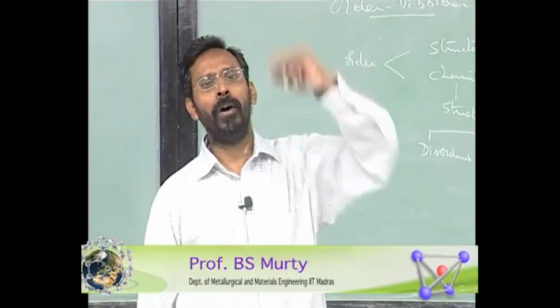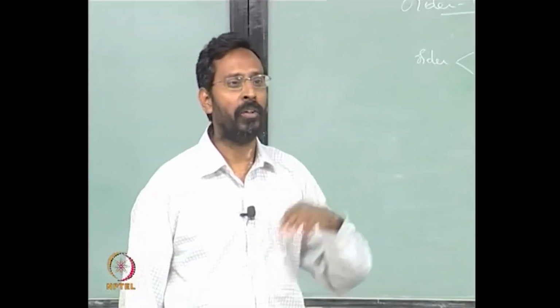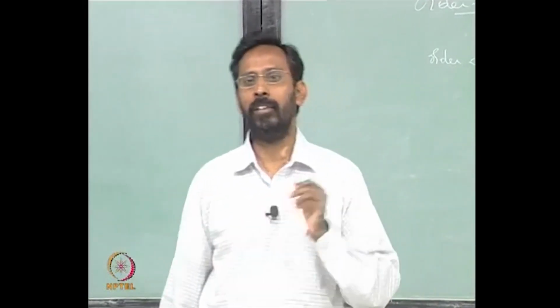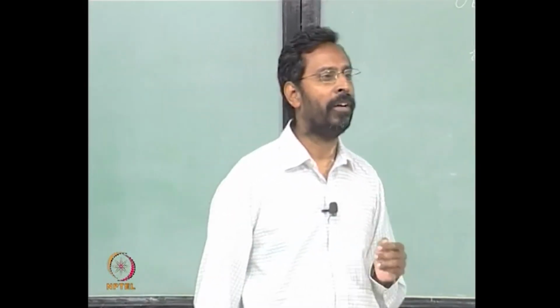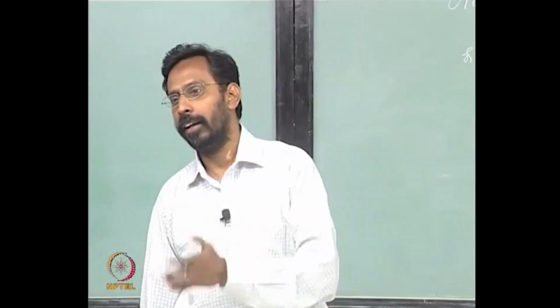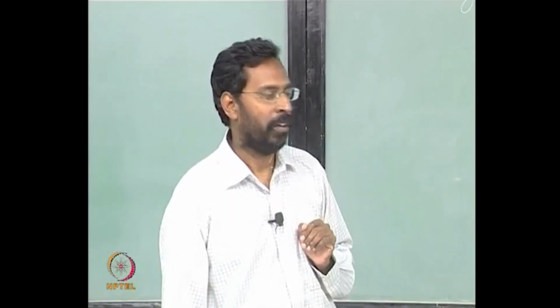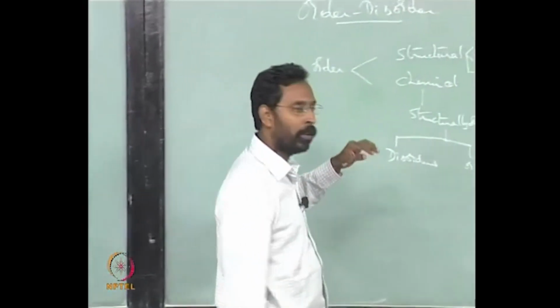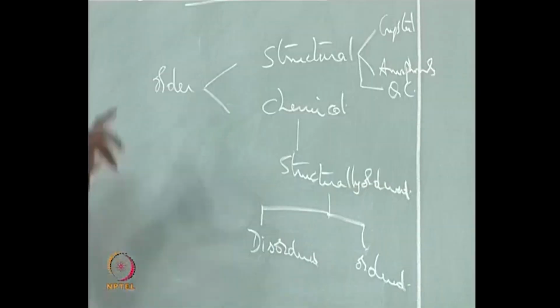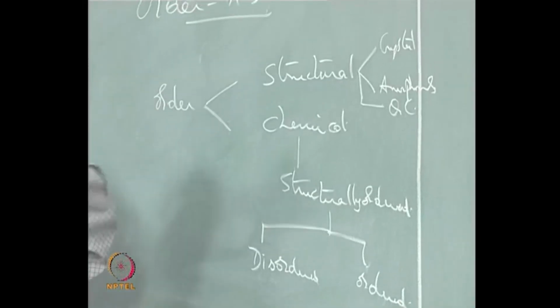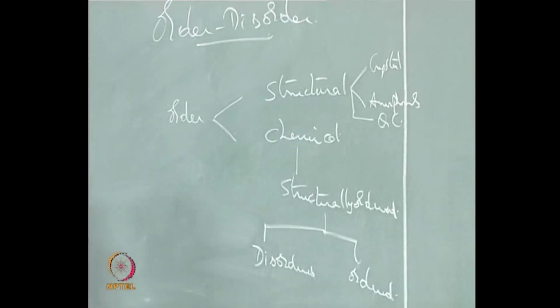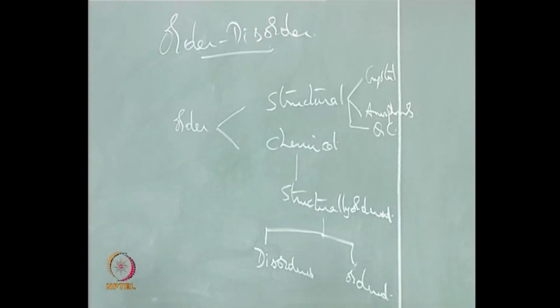But if you go beyond the boiling point, there you have individual molecules and individual atoms, so you have neither a chemical order nor a structural order. So whenever we say a material is ordered, we always talk about long range order, we do not talk about short range order. People have to keep that in mind.